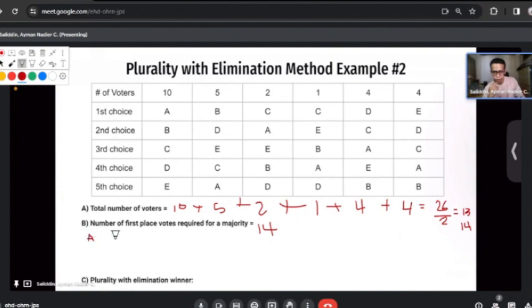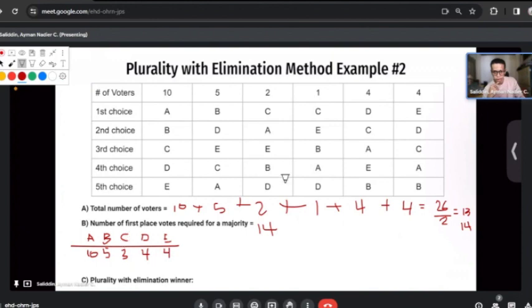You have the candidates A, B, C, D, and E. In the first round, A has 10, B has 5, C has 2 and 1, D has 4, and E has 4.